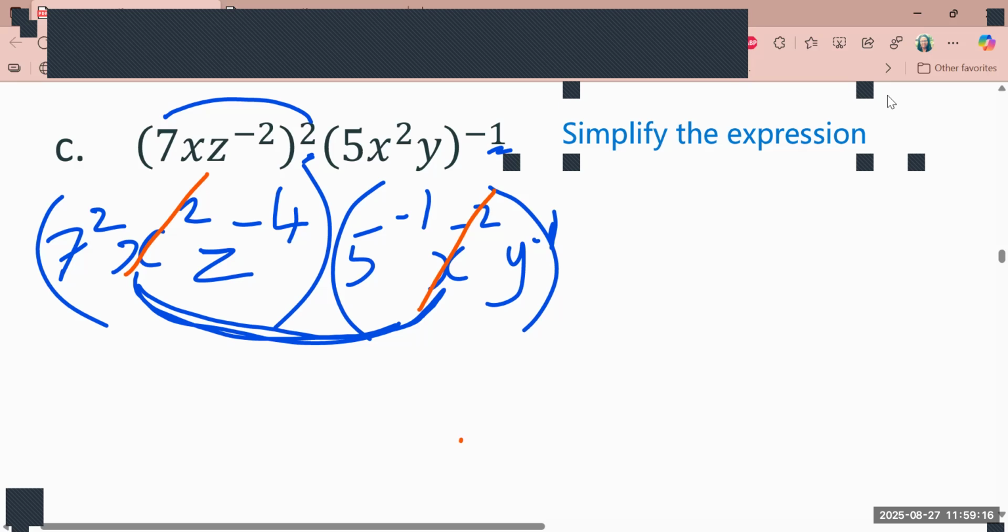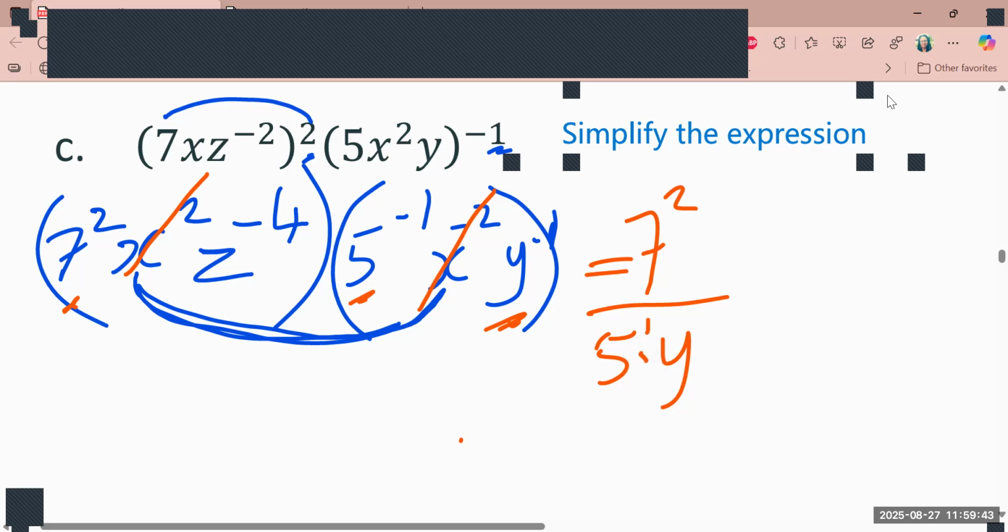Now, we can bring down the 7 squared. These are the negative exponents. I'm going to write 5 to the power 1 in the denominator. I don't really have to write it. These are the negative exponents, so I'm going to write y to the power 1 in the denominator.